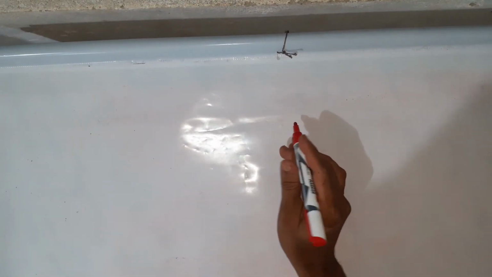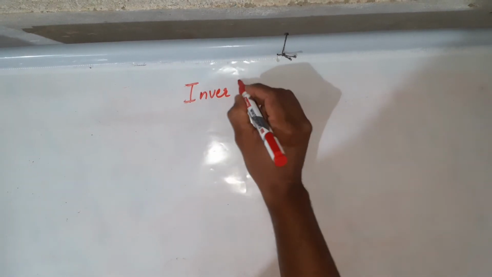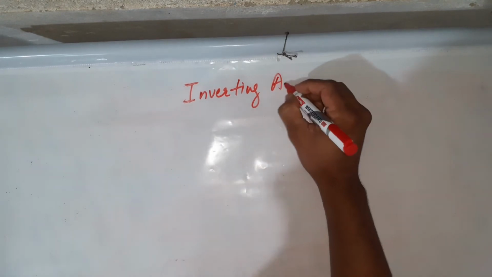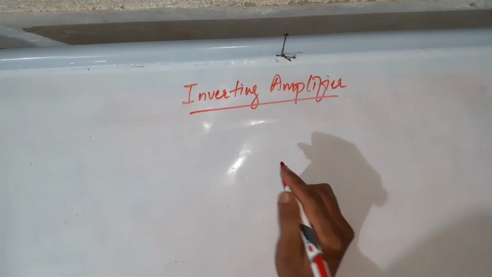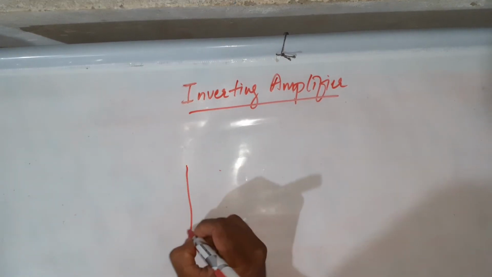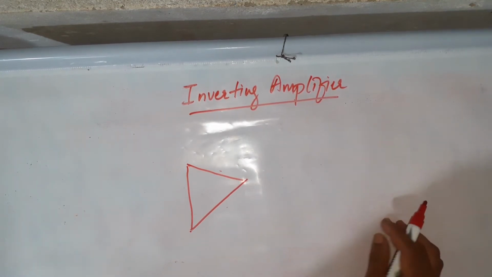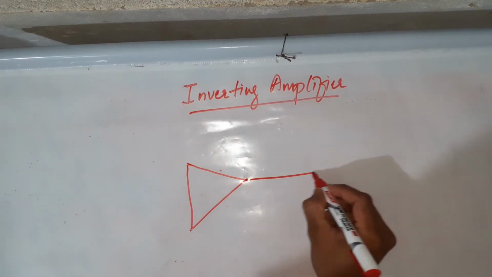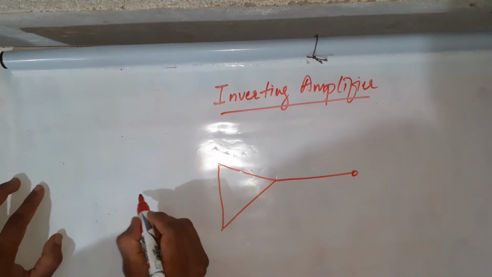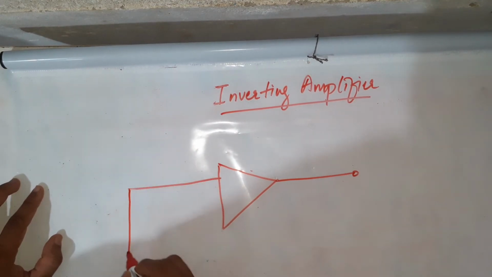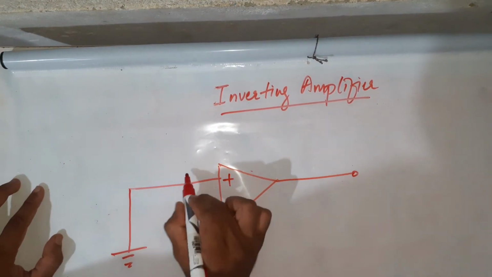Let us see inverting now. Inverting amplifier. This is your plus, which should be grounded.